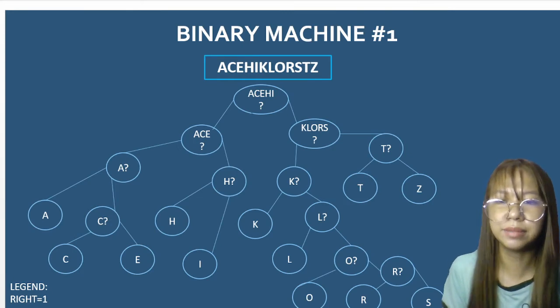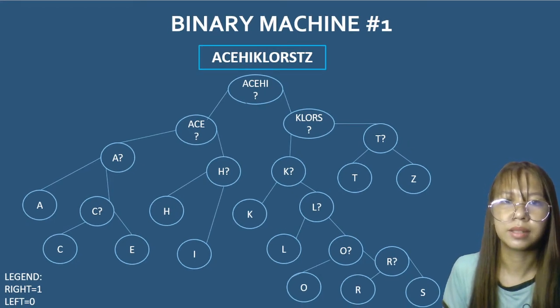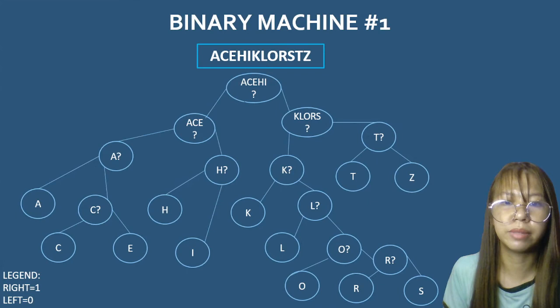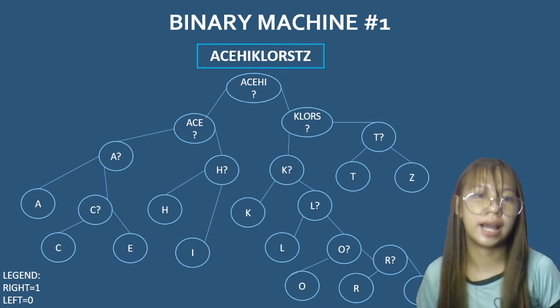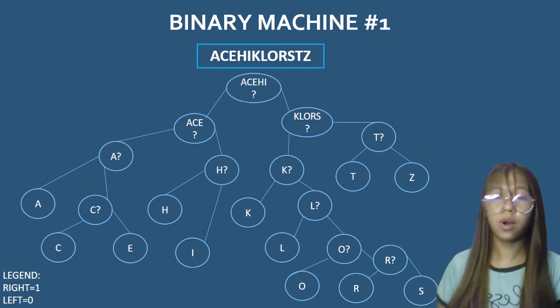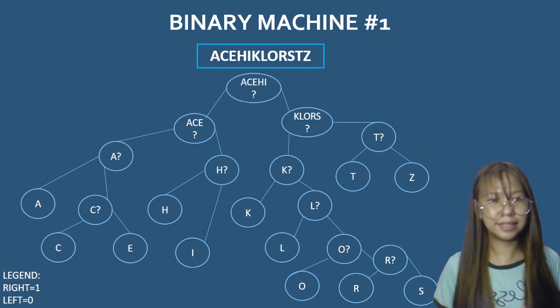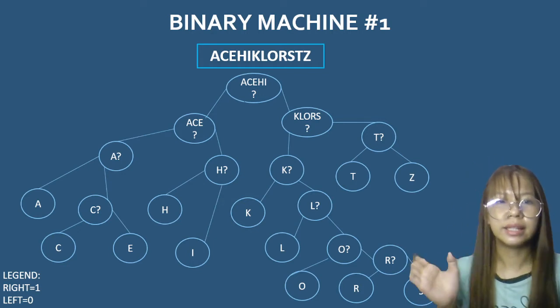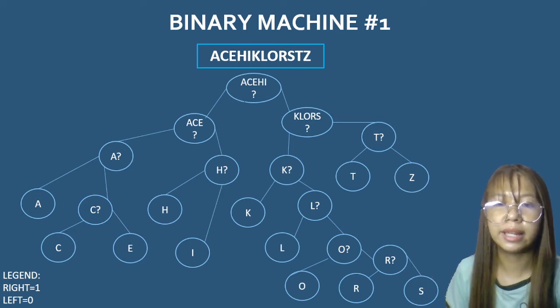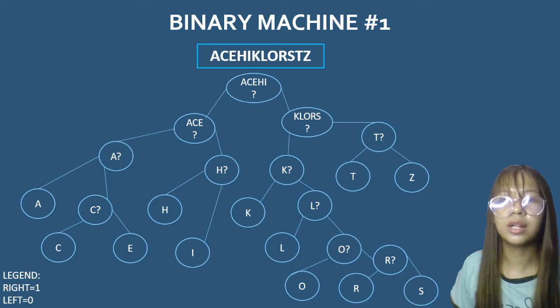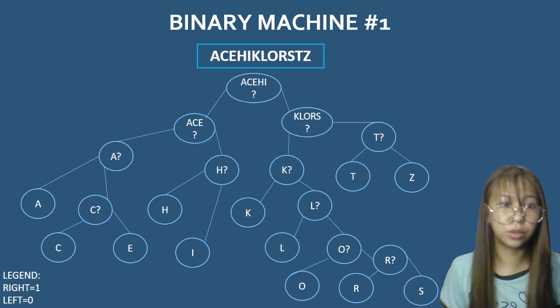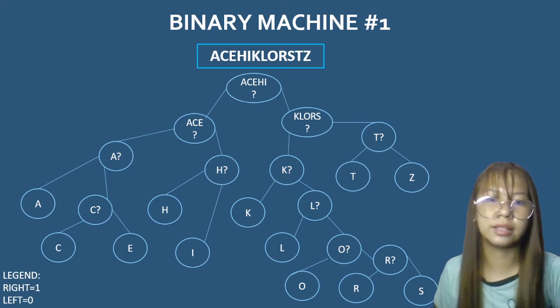So my letters for the binary machine are A, C, E, H, I, K, L, O, R, S, T, and Z. So here we go. In the legend here, if the circle is on the right, or let's say when you see this video, it is on the left, then it is equal to 1.